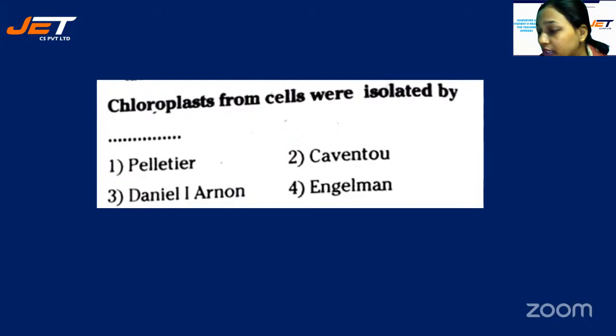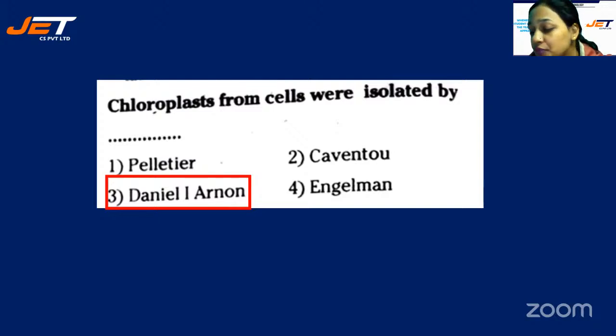You have to tell the name of the scientist. Okay, I'm getting mixed answers for this. Many of you are saying Kevin 2, but the correct answer is Daniel 1 Arnon. He was the first person who isolated chloroplast.